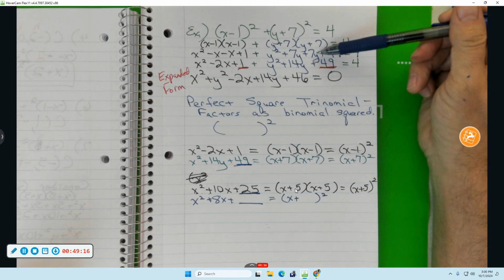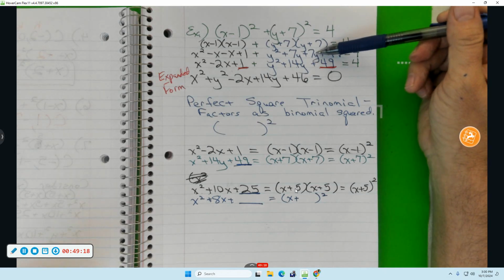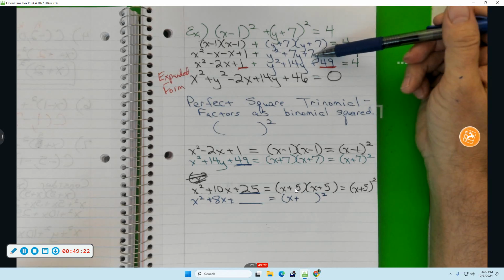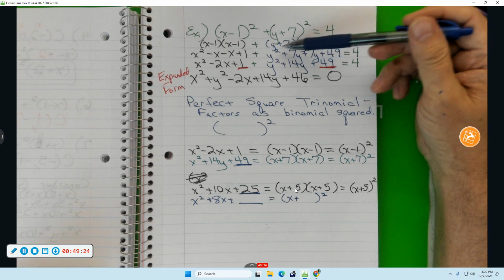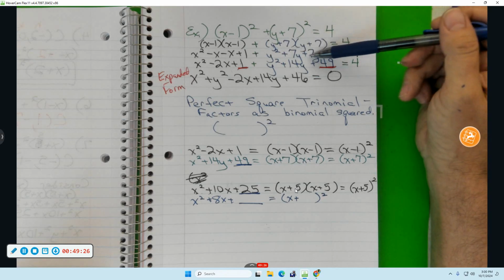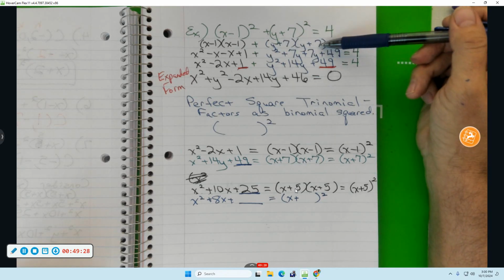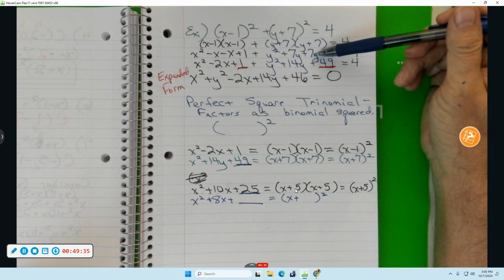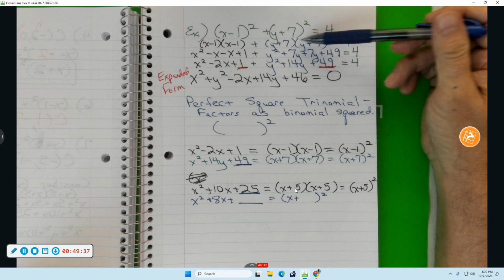Notice when we were going through expanding, we started off with a 7y. But then we got another 7y when we did the outer and the inner. The first product we got that y squared, then the outer product was a 7y. We picked up a second 7y with the inner product.